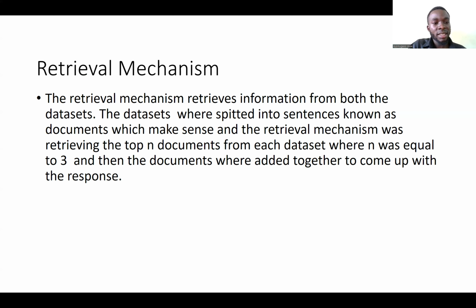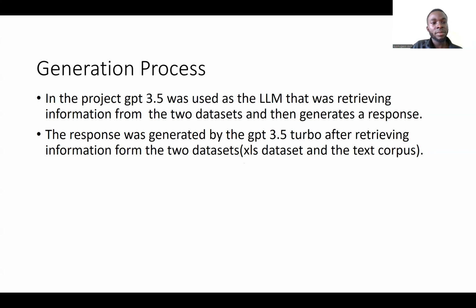So when a user asks a particular question, we retrieve information or sentences that are relevant to that particular question. So the model will retrieve from both the data sets the top 3 sentences. Then it combines them and provides a response depending on the data from both the data sets.